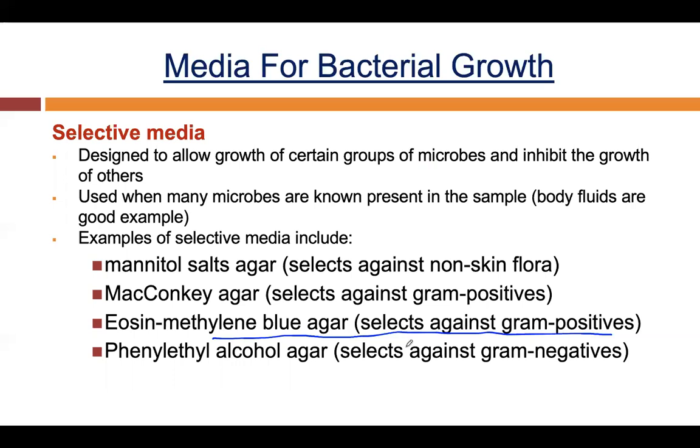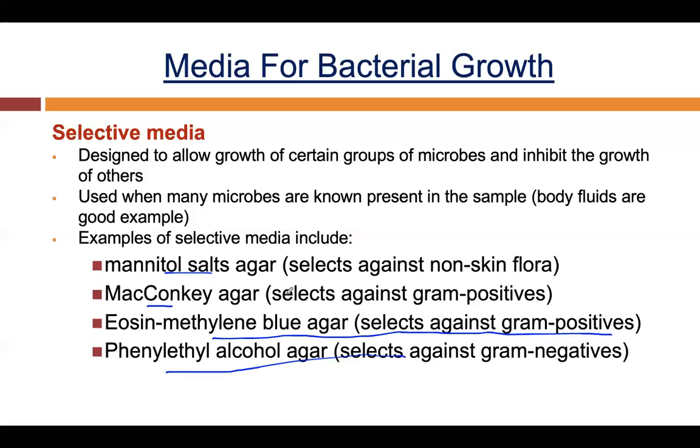So it is selective against gram-positive bacteria but selective for gram-negative bacteria. Mannitol salt agar, only halophilic bacteria, the bacteria who love a high amount of salt, can grow. MacConkey is selective for gram-negative bacteria. Only gram-negative bacteria can grow. PEA plate, phenylethyl alcohol agar, only gram-positive bacteria can grow.